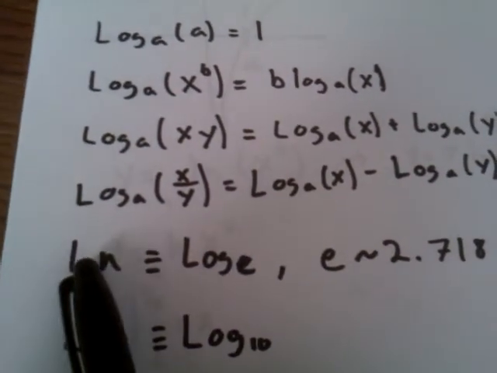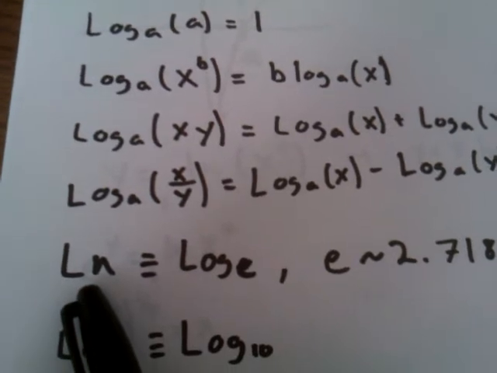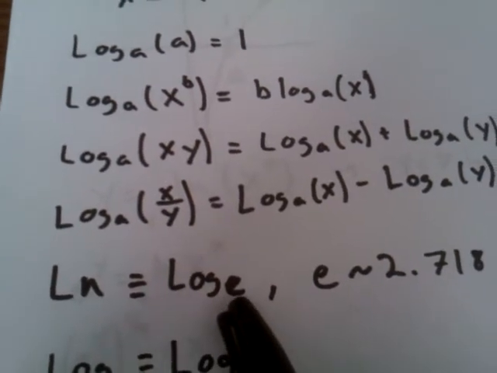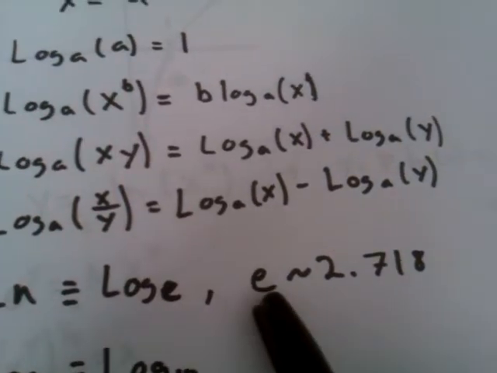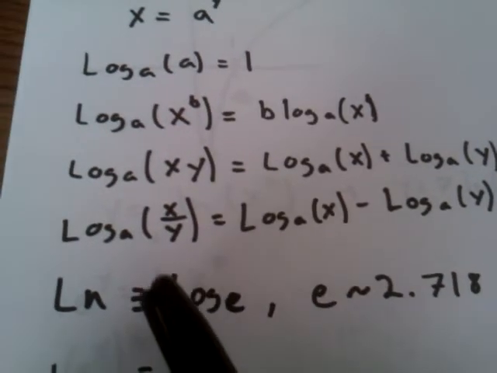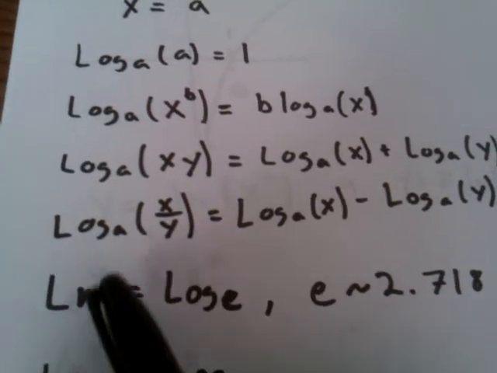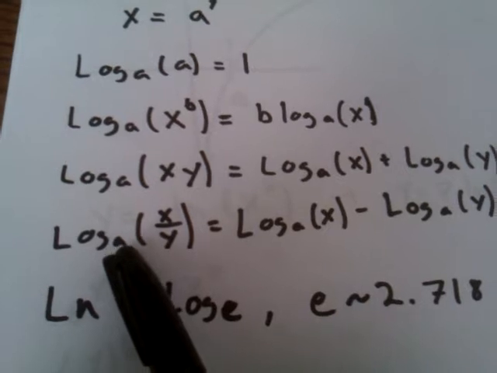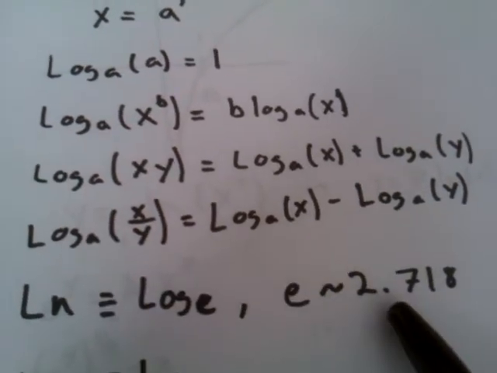A lot of times you'll see a natural log, and what that's referring to is log base e, where e is a number that's about 2.718. So natural log is just a special case of logarithms, and it's when a is equal to this number.